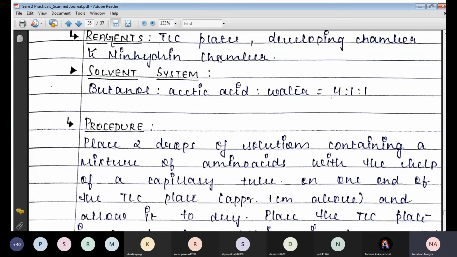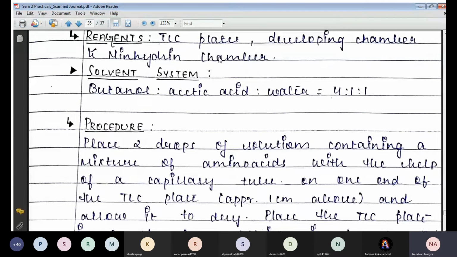The NH3 group present in amino acids will react with ninhydrin and it gives a reduced product, which is diketohydrin.